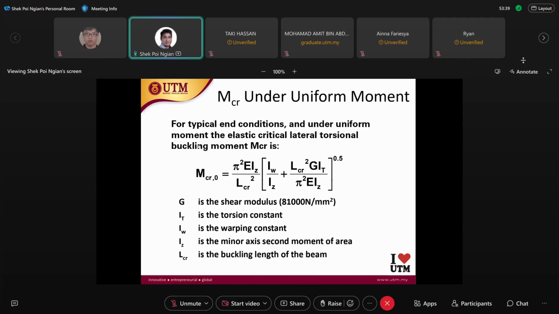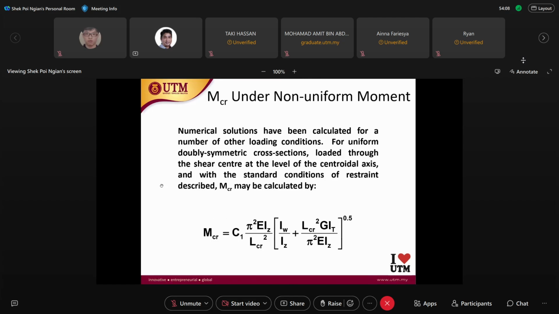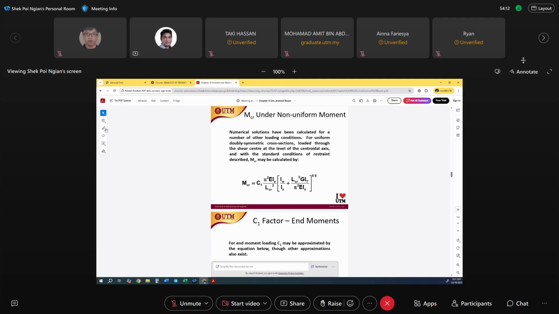Uniform moment means the value of M, the MEd, along the beam is the same. Okay, so this is your beam.